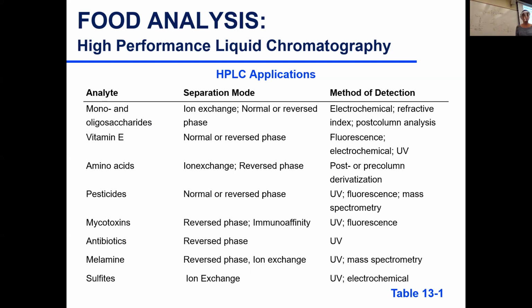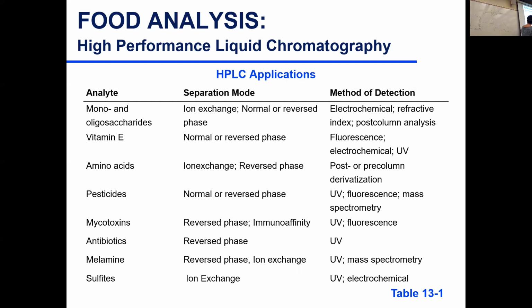Now, don't worry, all of these or most of them will come in later chapters. So when I cover carbohydrate, I'll give you examples of the chromatography we use and the detection method we use. This is just a summary table. So this will come up in future chapters, but this is a good summary table.